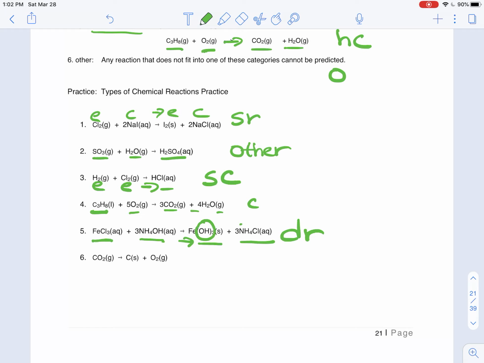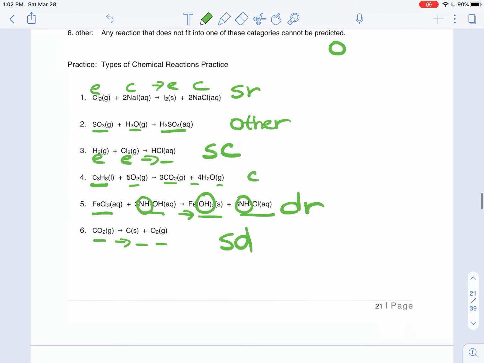That's totally fine. And NH4 is a complex ion. So this is not going to be confusing to balance if you keep that complex ion together. This one is a compound that's broken down into two elements.